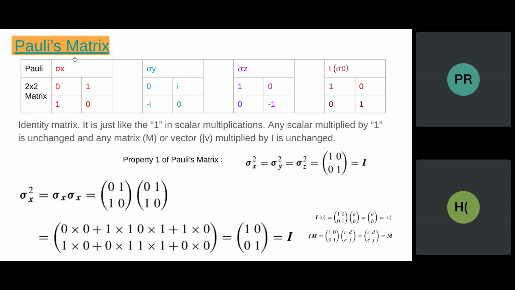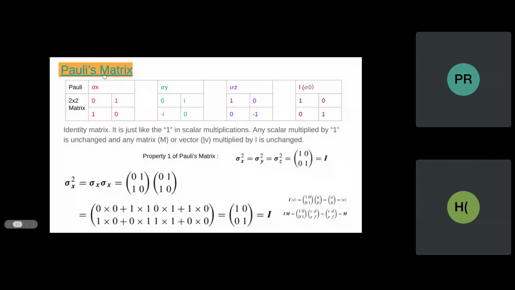If we go to this one, you can see 0, 1, 1, 0, and 0, minus i, i, 0. So sigma x and sigma y are both off-diagonal, from right to left.